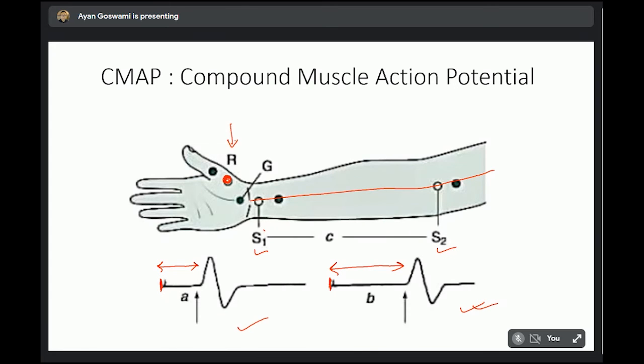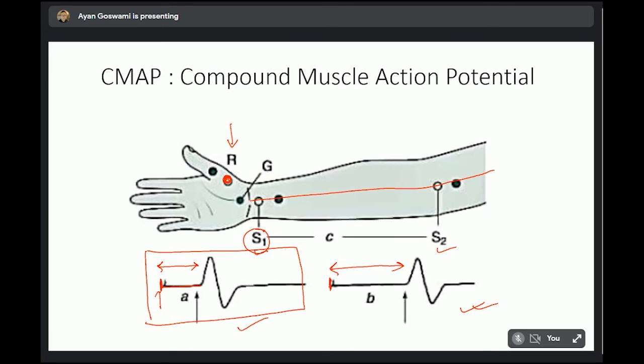So initially I am applying electrical current at S1, and on the computer screen, this one is recorded. Clear? So the latent period is A. The latent period is the time after which you get the spike.